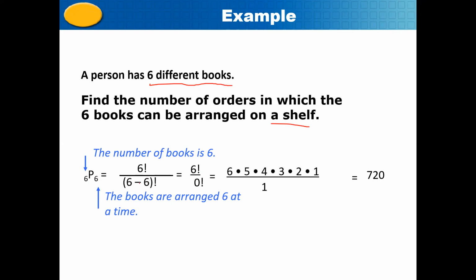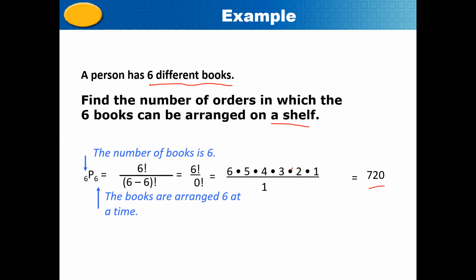So 6 factorial, 6 minus 6 is 0 factorial, and 6 factorial we can expand like this: 6, 5, 4, 3, 2, and last one is 1, and 1 divided by 1. Once we solve it, we'll multiply. This notation is a multiplication.